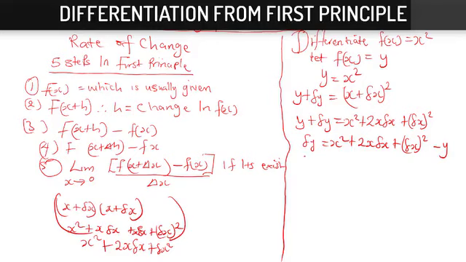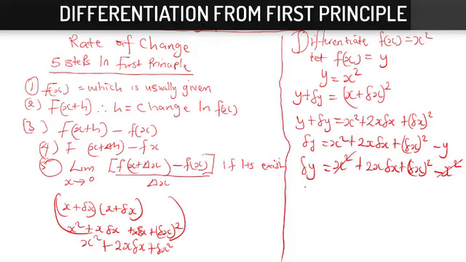So we now have change in y equal to x squared plus 2x dx plus dx all squared minus, in place of y we put x squared. Now according to the rule, this is x squared, this is minus x squared. X squared goes with minus x squared.